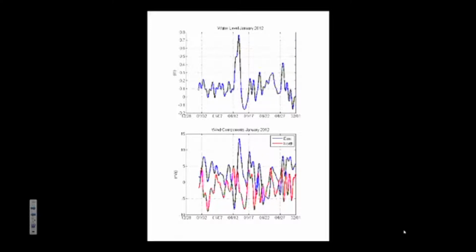So there was a bit of an extratropical cyclone, a nor'easter, in this area on 1/12, this is January 2012. These are the wind components. Blue is east and red is north. These have been filtered.